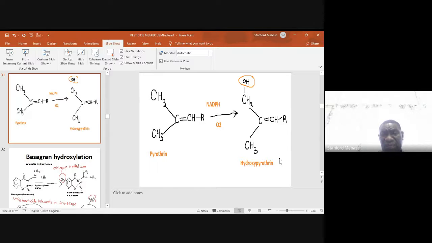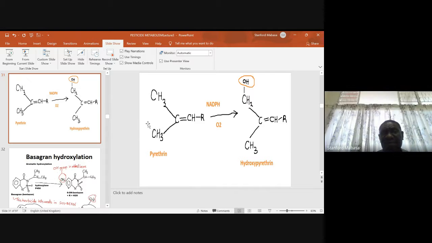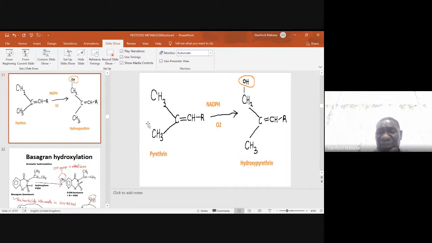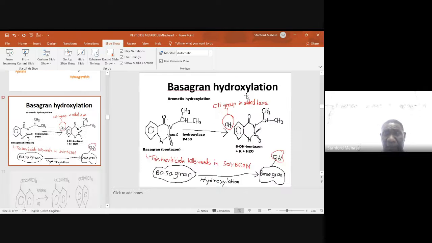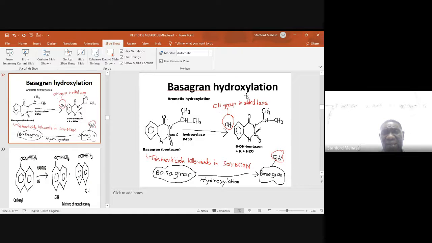Here we have got an insecticide known as pyrethrin, which is going to undergo hydroxylation. It can happen here. So you can have hydroxylation taking place where you have the carbon atom. Hydroxylation can also take place on a herbicide, Basagran.